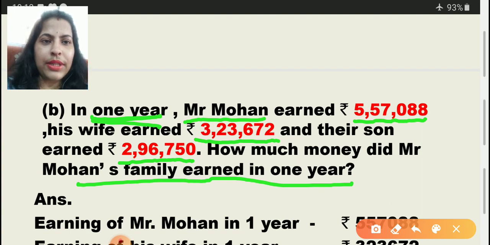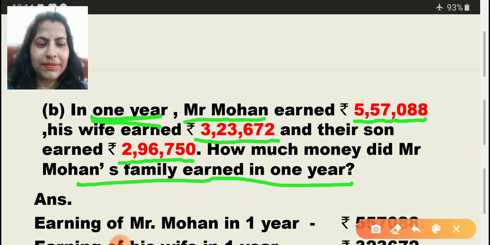It means there is one family in which Mr. Mohan's earning is given, his wife's earning is also given, and their son's earning is also given for 1 year. Now you have to find the total earning of the family in 1 year.